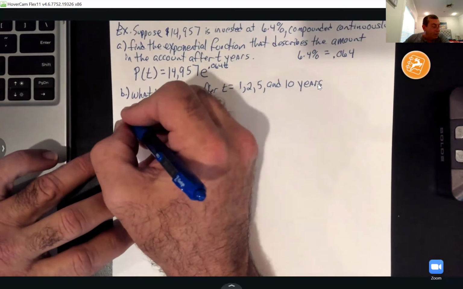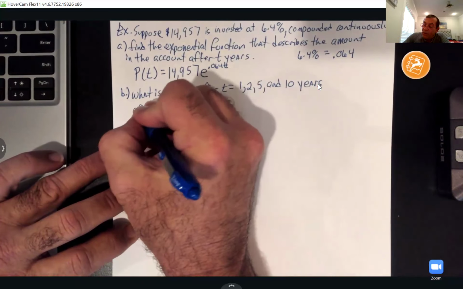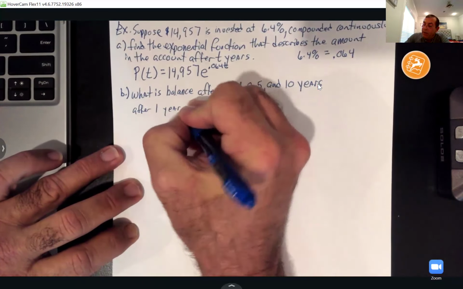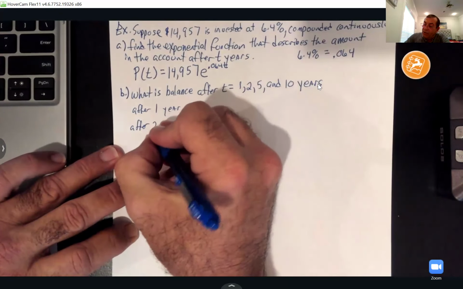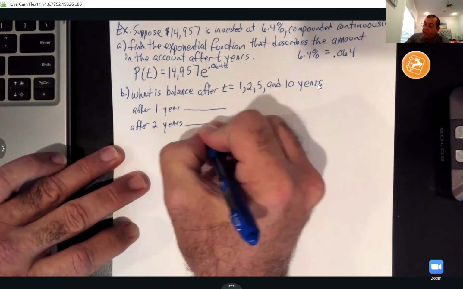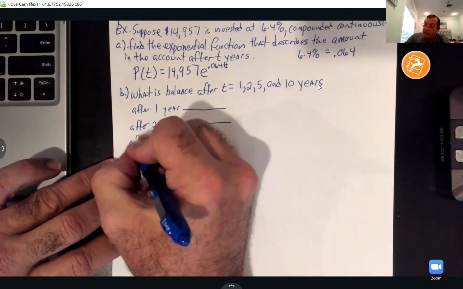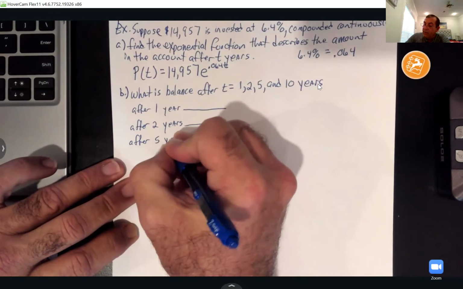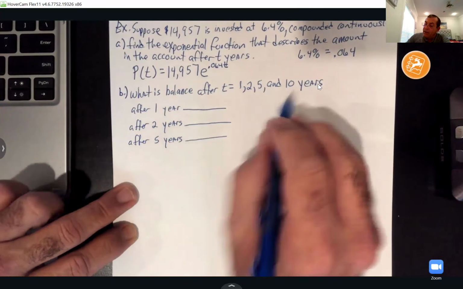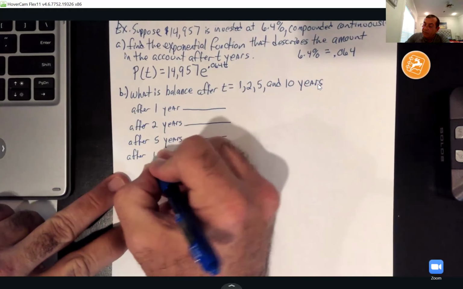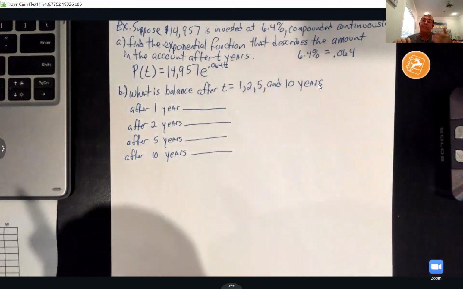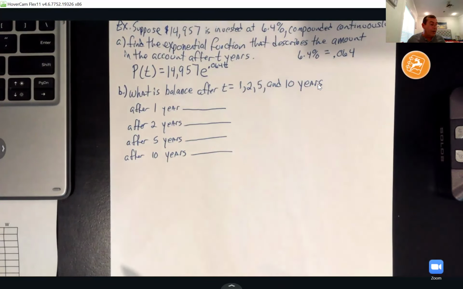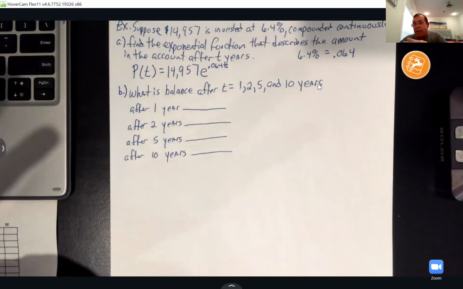Okay, so they'll say after 1 year, after 2 years, after 5 years, and then after 10 years. Now, the one thing we do know on this, since it's an investment, those better go up every year, okay? Now, they want me to round it to 2 decimal places.